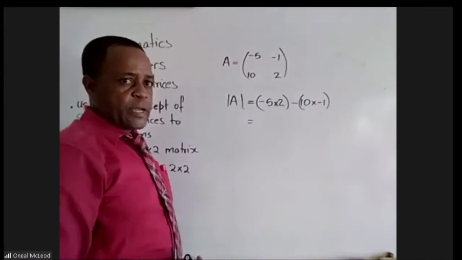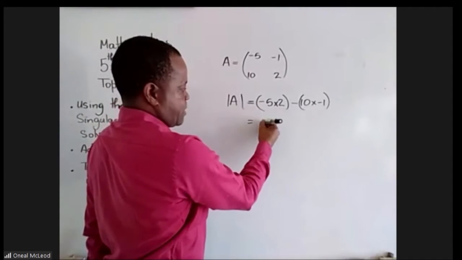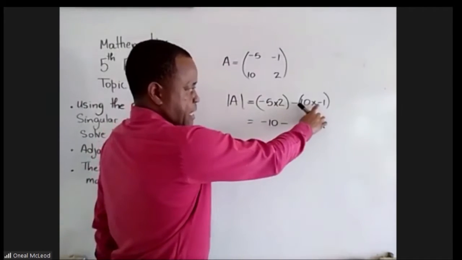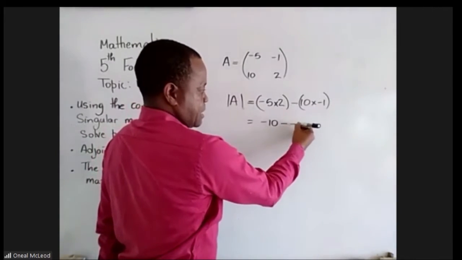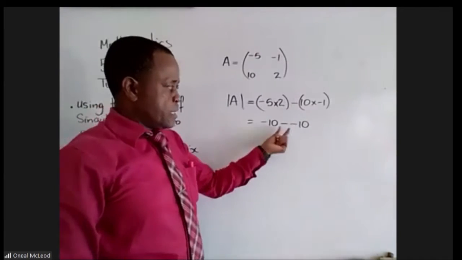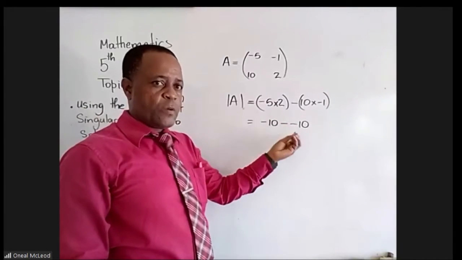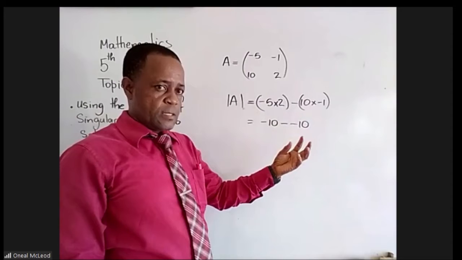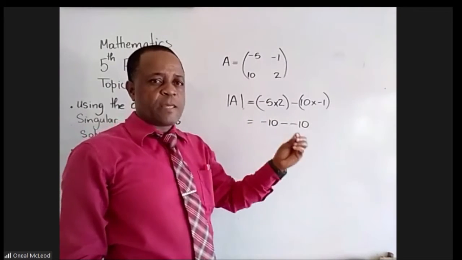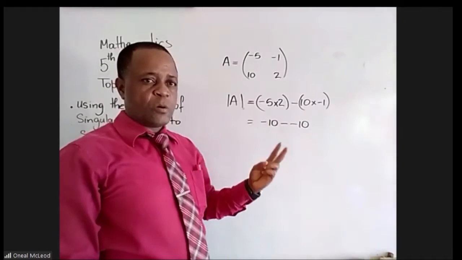Now let's multiply and see what happens. -5 times 2 will give us -10, minus 10 times -1 will give us -10. All right, now notice here, it is the negative of a negative. And we know that when two signs come beside each other like this, we need to rewrite them as one. If the signs are the same, then it becomes a positive.